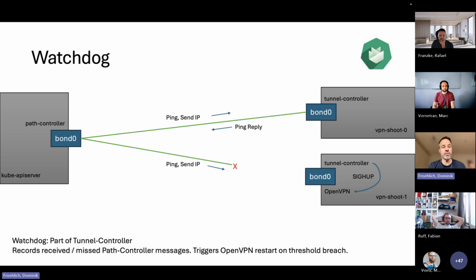The watchdog has a window that wraps around, and if that window detects more than, right now, 50% failure rate, it will trigger a hang-up signal by connecting to the local OpenVPN process. That's a management port that was opened on localhost. And this will trigger OpenVPN to transparently restart the connection. OpenVPN, the process itself, does not restart. It's only the TCP connection that actually gets restarted.